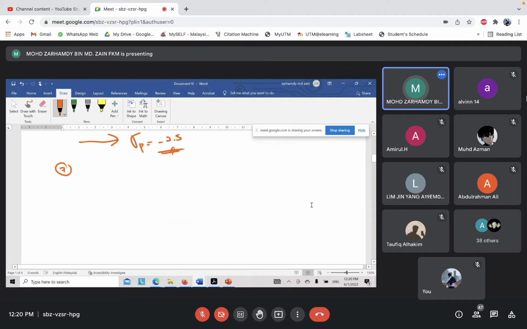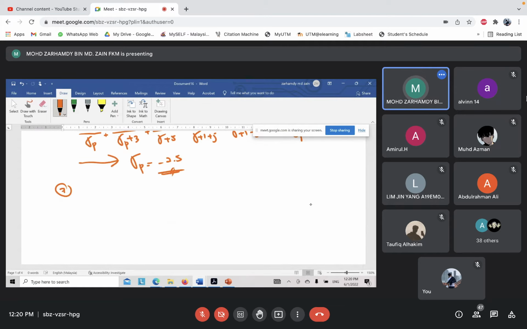The symbol for this angle of departure is delta D, D for departure. The general equation for angle of departure is equal to negative summation of theta plus 180.